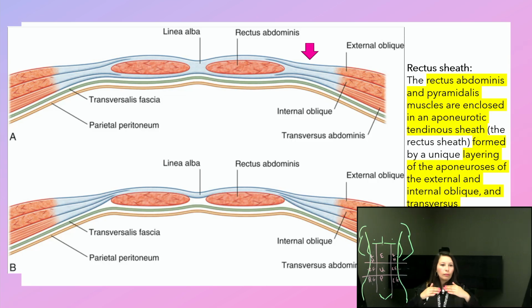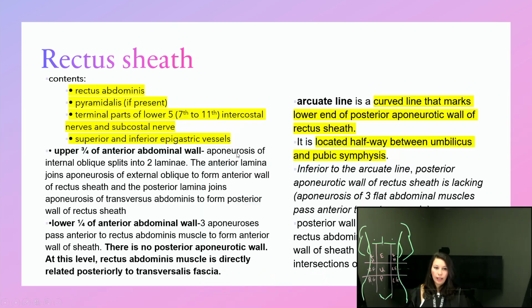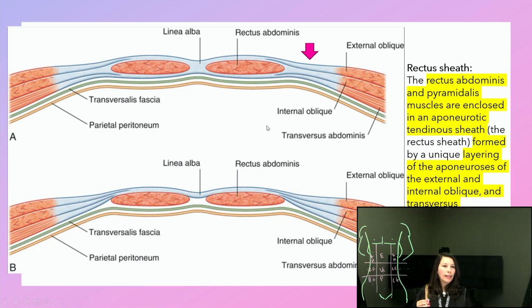But if you look at the rectus sheath above an area that we call the arcuate line, we're going to go into the arcuate line in just a second. If we take a look at this area of the anterior abdominal wall above the arcuate line, you're going to notice that the rectus sheath is kind of like creating a sandwich, right?